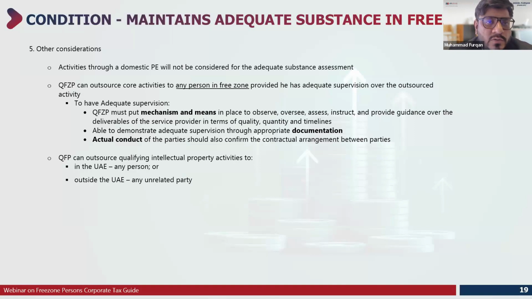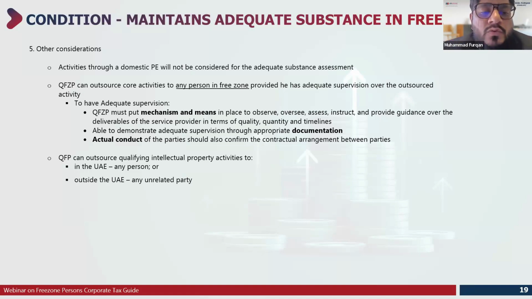He can also do the activities himself, but at the same time, he can also outsource these activities to any other free zone person, or in case of distribution activities, to any other person which is a designated free zone person. But he should have adequate supervision over any person to whom he has outsourced such activities.